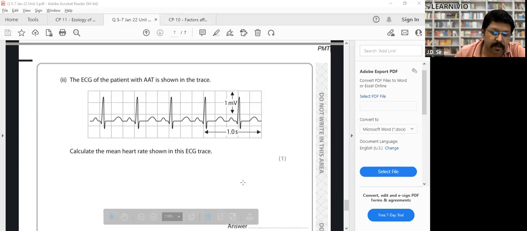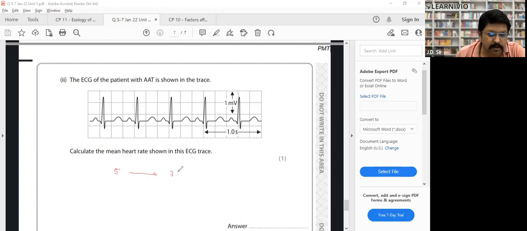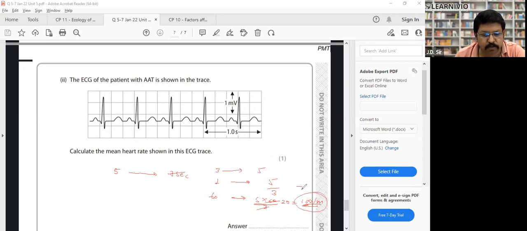That's how we can get it. In 3 seconds, 5 heartbeats. In 1 second, 5 upon 3 heartbeats. In 60 seconds, 5 into 60 upon 3. Yes, I was right. 100 heartbeats per minute. That should be 72. It's a bit higher. Got it?